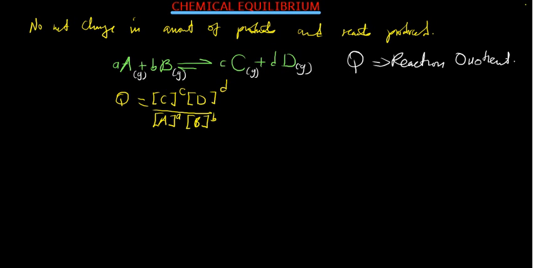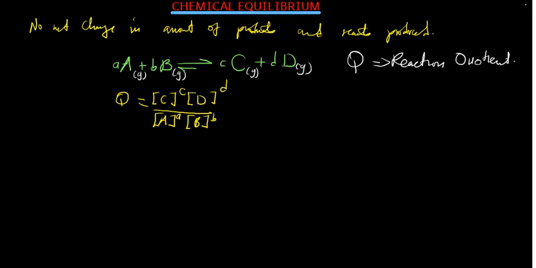So the time when this reaction reaches equilibrium, that means the point where there is no net reaction. The speed at which the products are being formed is equal to the speed at which the reactants are being formed. What we need to know is that whenever a chemical reaction is happening, as much as the reactants are forming products, the products are also colliding to form the reactants. But there will be a point in time when the speed at which both of them are forming each other is equal.